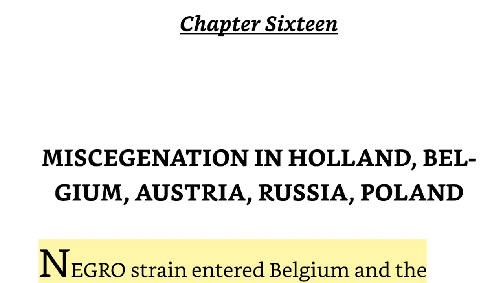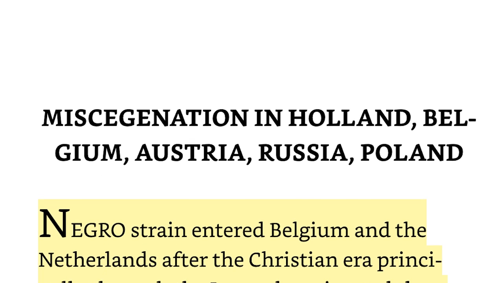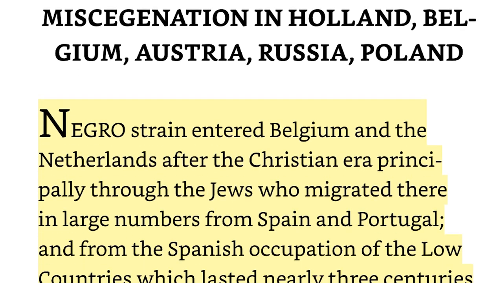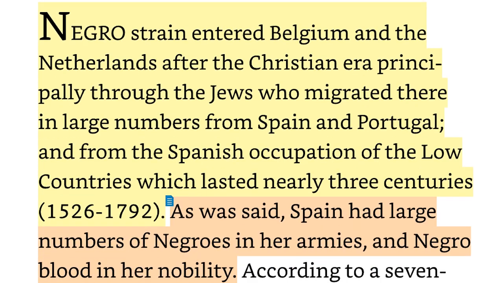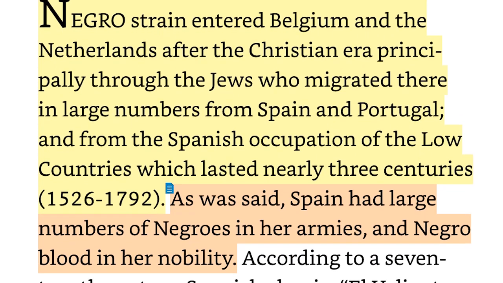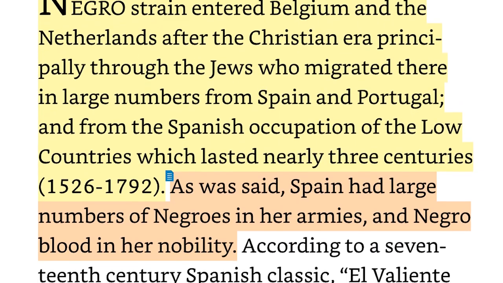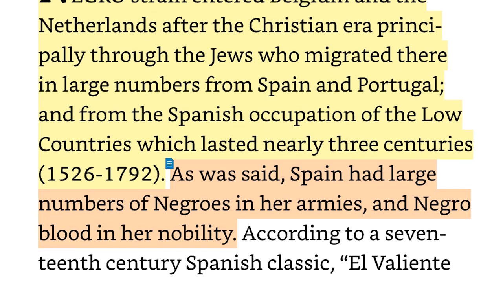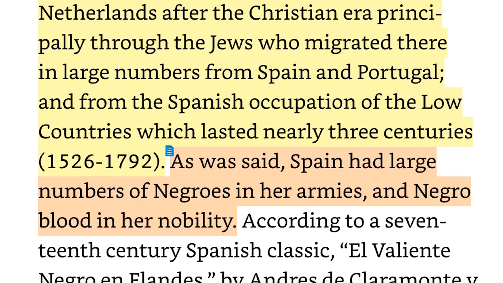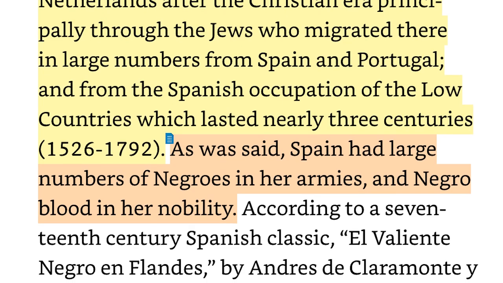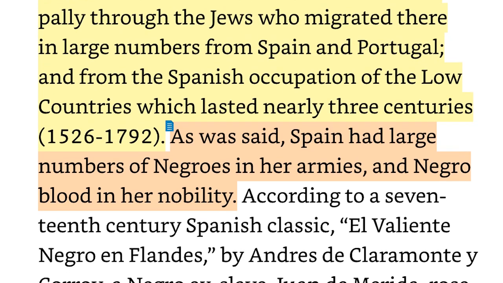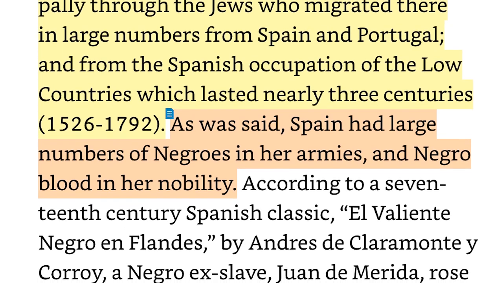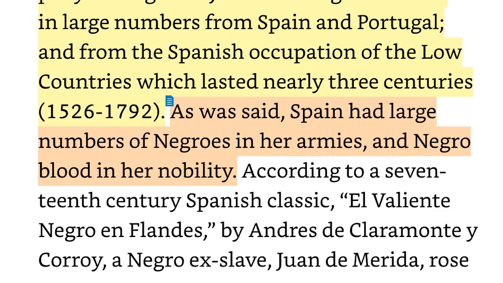Chapter 16, Miscegenation in Holland, Belgium, Austria, Russia, Poland, reads: Negro stream entered Belgium and the Netherlands after the Christian era, principally through the Jews who migrated there in large numbers from Spain and Portugal, and from the Spanish occupation of the Low Countries, which lasted nearly 3 centuries.